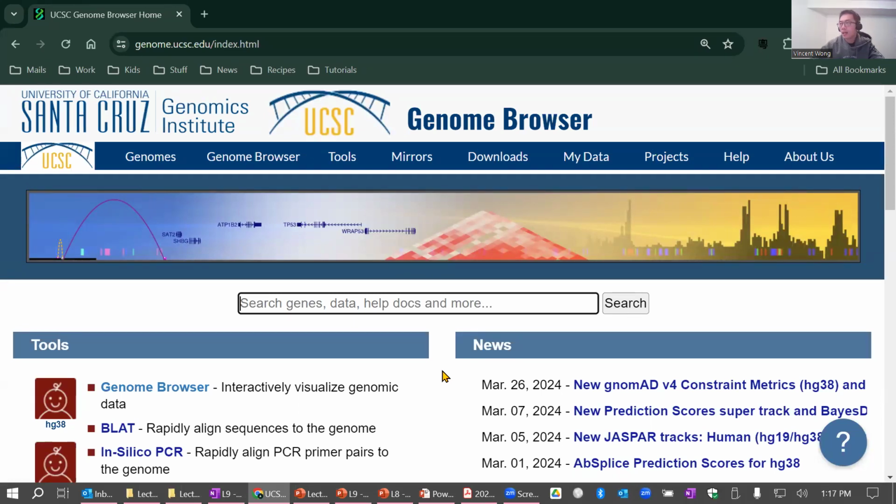Oncogene. Yeah, oncogene is a whole bunch of genes though, right? Do you remember a specific one? BRCA gene, that's right. Breast cancer, BRCA1. That's an example of a tumor suppressor gene.